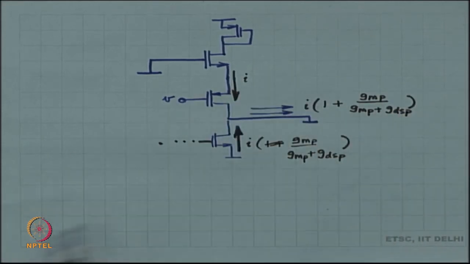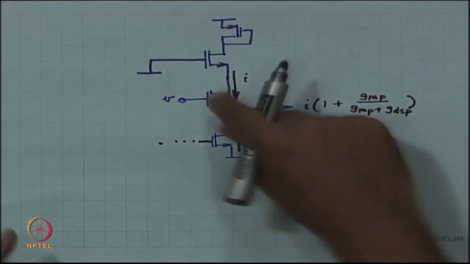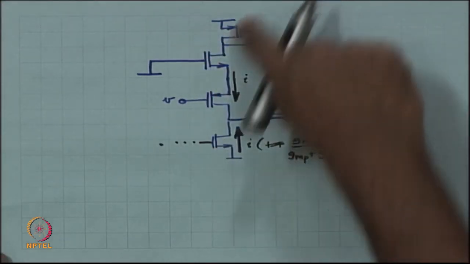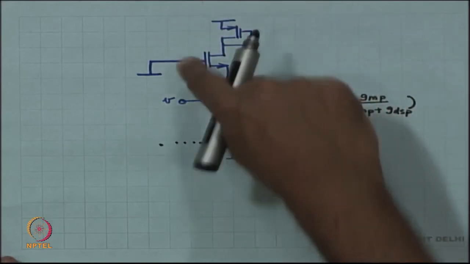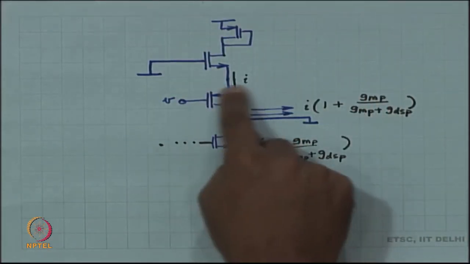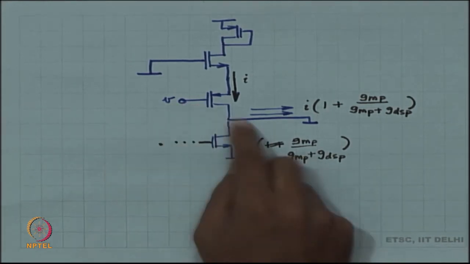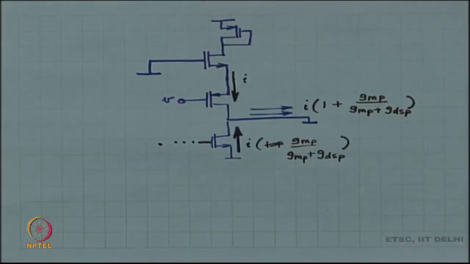Now, all I have to work out is what this I current is. This is nothing but the bottom side of the common drain circuit. The drain is at ground. Think of this as an NMOS. You apply a voltage at the gate of the NMOS, the drain is at ground, the source is terminated with some impedance.